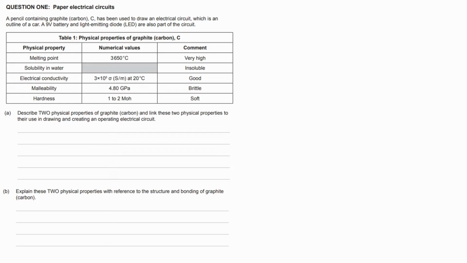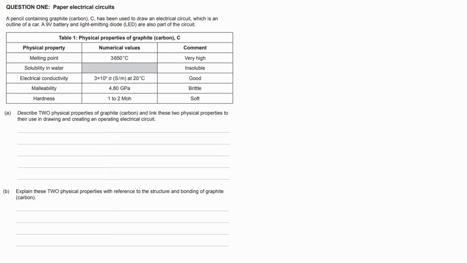It has a malleability that might be useful, but because we're drawing lines and we're not bending it, most probably not, but it's 4.8 gigapascals here. It's brittle anyway. And hardness is 1 to 2 on Mohs hardness scale. Remember, Mohs hardness scale goes from 1 all the way up to 10 for diamond. And so here it's soft.